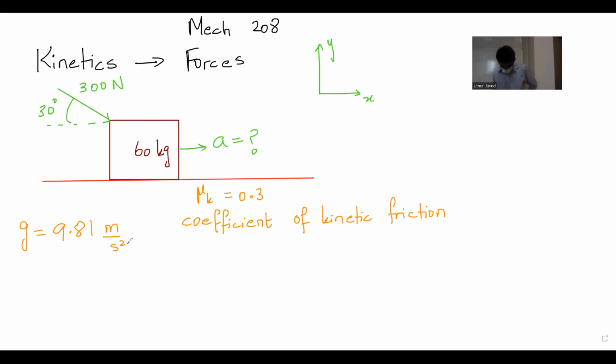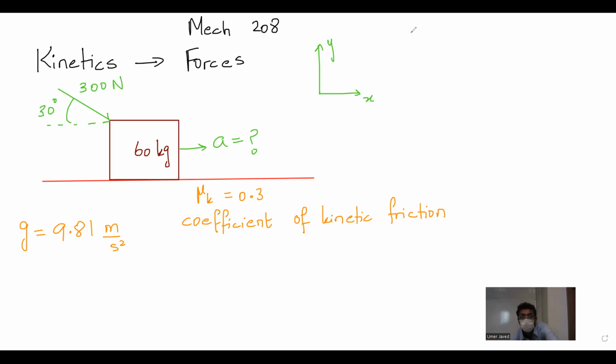Okay. How do you do it? Good. We found the friction, and then we found the net force on the x-axis. Very good. Number one, Newton's law. Solution. Summation of forces equal to mass multiplied by acceleration vector.